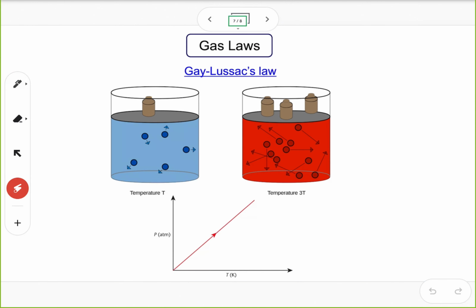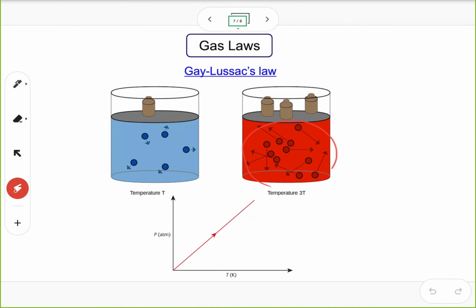Now the next one is Gay-Lussac's law. Gay-Lussac's law is talking about the connection between pressure and temperature. This picture shows you a temperature here. Those molecules are moving around with a certain speed, kinetic energy, if you happen to remember, and it can support a weight here.